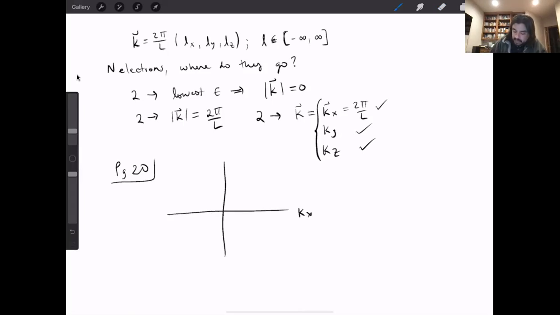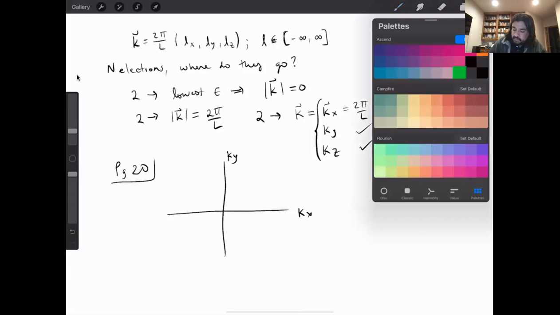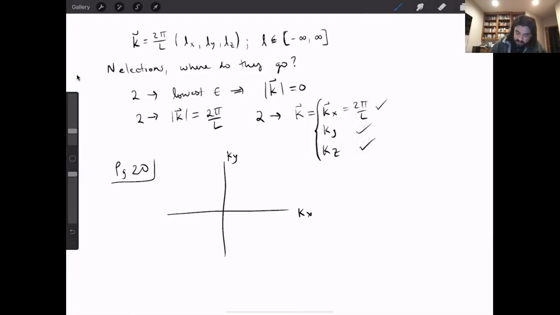So this is the Kx axis, this is the Ky axis. There's also the Kz axis, but I'm not going to show it there. So I'm going to have 2 electrons here in green. Then there's 2 electrons here. And then there's 2 electrons here.